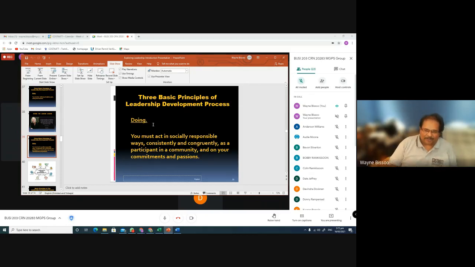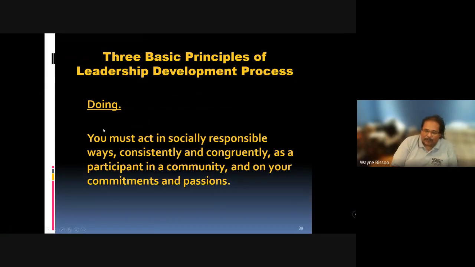So it's that three-part series of things that we're looking at here: acting socially responsible, consistently and congruently, and participating. This is straightforward. If you want to be that leader that we're talking about, then this is what is required of you. And again, it is not necessarily going to be an easy thing. That makes sense, guys?